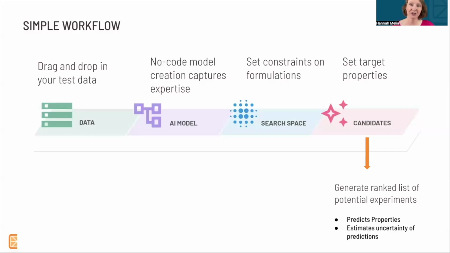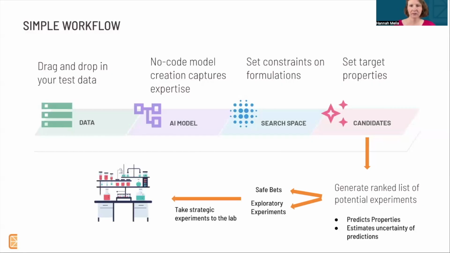So it estimates the uncertainty of its own predictions, and uses that uncertainty to predict whether or not the formulation is a safe bet, and you can take it to the lab and definitely get the properties that you're looking for, or whether it's more of an exploratory experiment, something where you've got a low chance of getting really good results, for example. You're then there to guide and to be strategic and choose what to take to the lab.